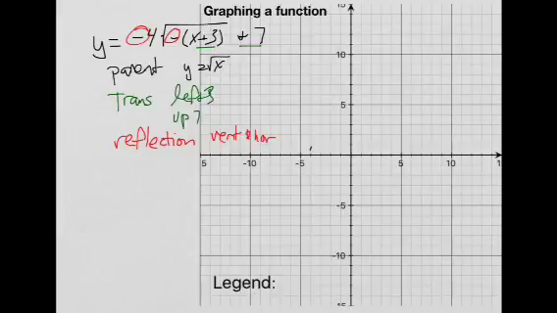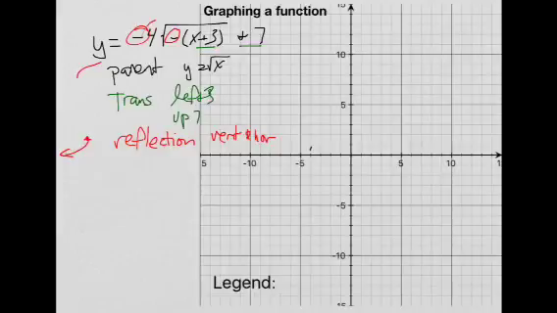The parent kind of looks like that sideways parabola. Reflection vertical means I flip it vertical, horizontal, I flip it the other way. So my graph should look something like this. So we go down and to the left. It gives me an idea when I get my final graph, does it look reasonable?